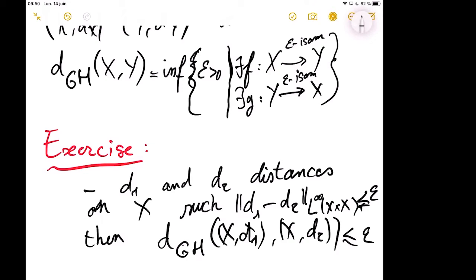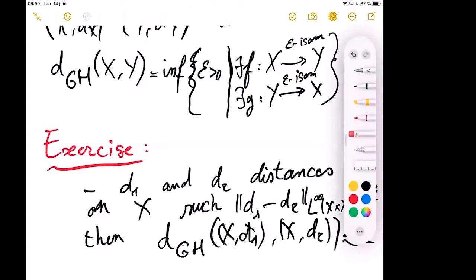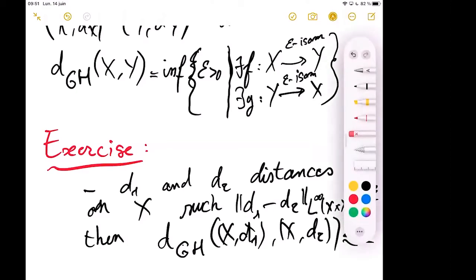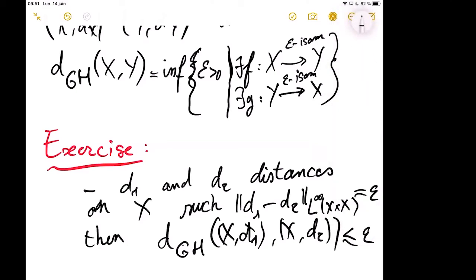So the question is, should there be equality between those? Let's assume that the sup is equal to epsilon, and the question is, is the Gromov Hausdorff distance between (X, d1) and (X, d2) equal to epsilon in that case? So this is my question in the chat. You can think a little bit.